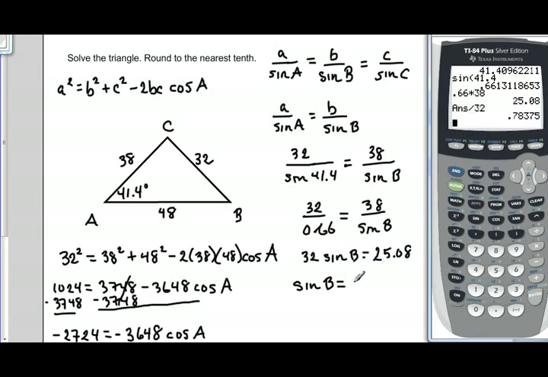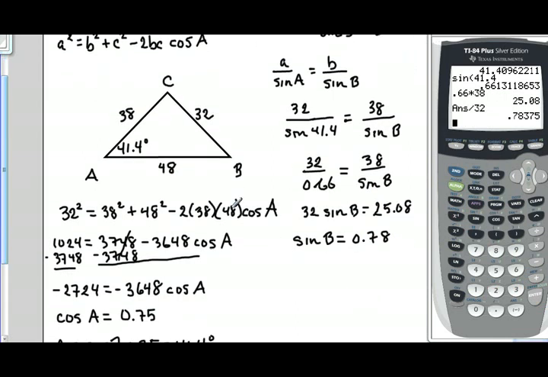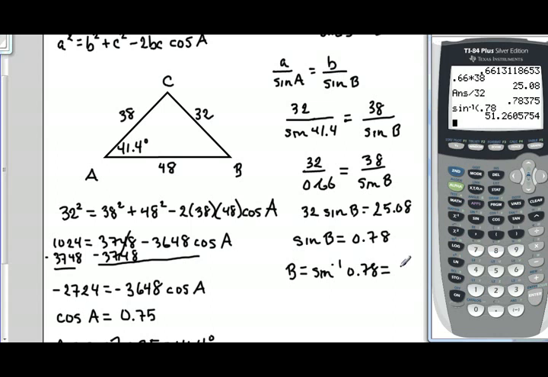So the sine of B, round that to 0.78. And to get angle B, we take the inverse sine of 0.78, and let's see what we get here. So second sine 0.78. All right, that gets us 51.3 degrees.